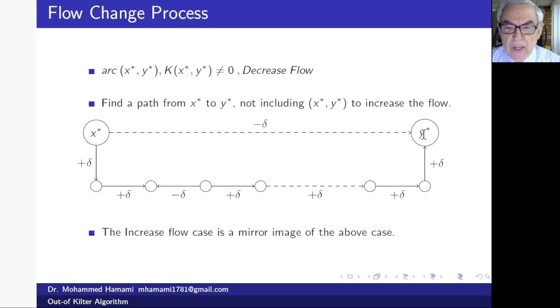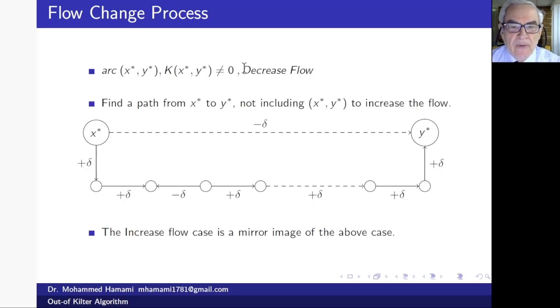If it's red, then we just go backward: y star was labeled red from this node, and this node was labeled red from this node, et cetera, till we reach x star. And now we have a path. We do the changes that I talked about. So that's the labeling process that I'm going to describe formally in the next slide.